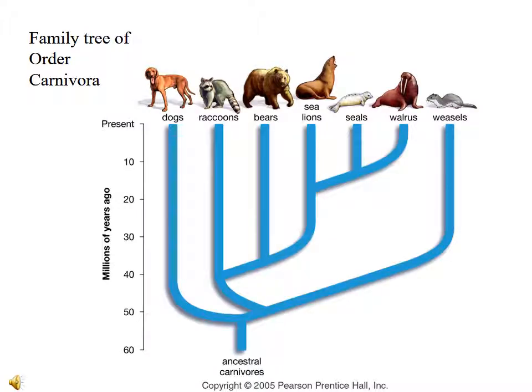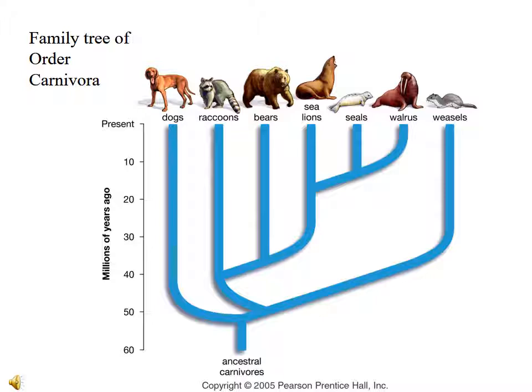So let's construct a family tree of carnivores. We can see that the carnivores evolved about 60 million years ago, and we had a common ancestor that sprung up to become a dog. And you can see the evolution of the weasel, the walrus, the seal, and so on and so on.